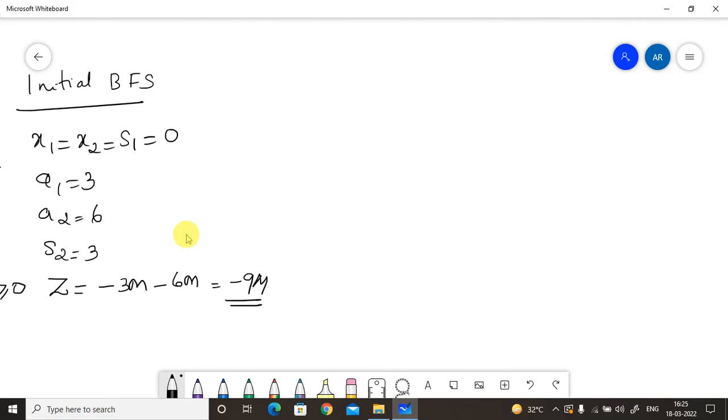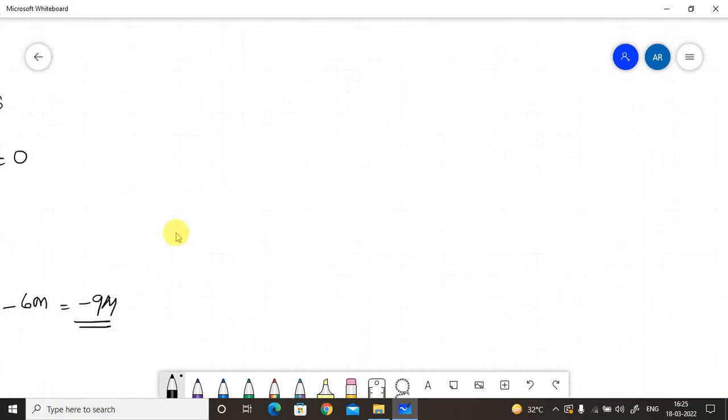First let me take all the basic and non-basic variables: x1, then x2, after that s1, then s2, then the artificial variables a1 and a2, and then the RHS value, and finally the ratios.